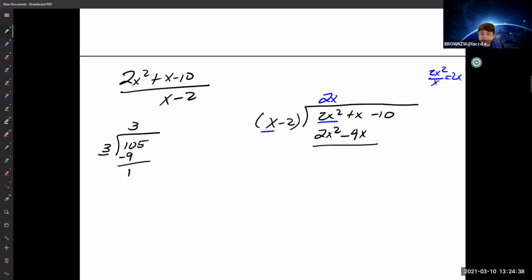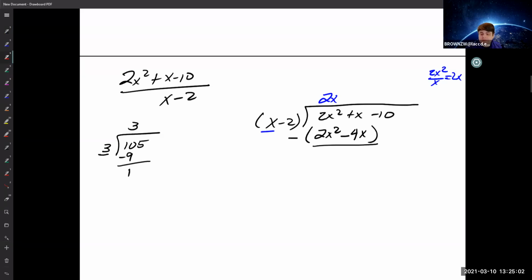Now, technically speaking, we're going to do the exact same thing, which is subtract this down. But I find that students tend to make mistakes with the sign, specifically on the second 2 terms, because the first two are always just going to cancel out. So here's what I'm going to recommend doing. You don't have to do this if you find it too confusing, but it will keep your signs a lot nicer, I find.